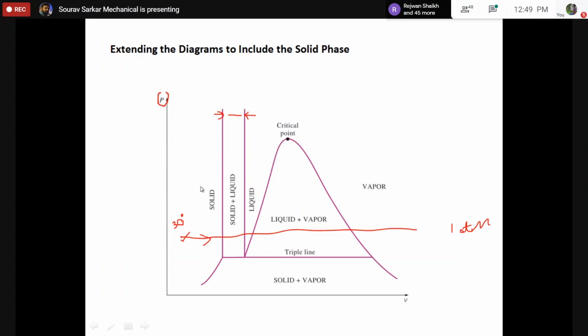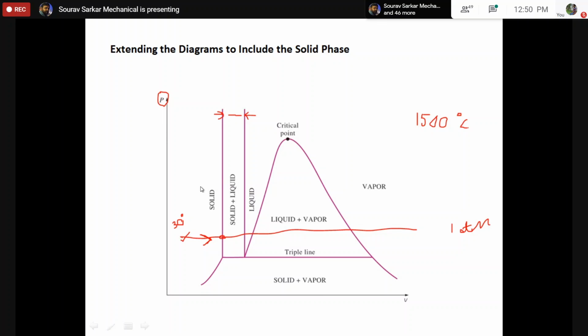My pressure is constant. The temperature is moving in the upward direction, but my pressure is constant and slowly it is approaching its melting point. So this point is the melting point. At this point, the temperature is around 1500 degrees Celsius.